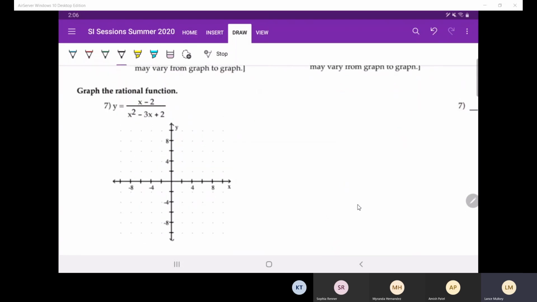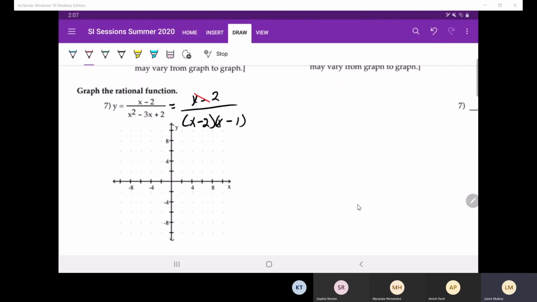Graph the rational function. First things first, see if something cancels out. X squared, so we have x, and they're both going to be minus 2 and 1. Yep.